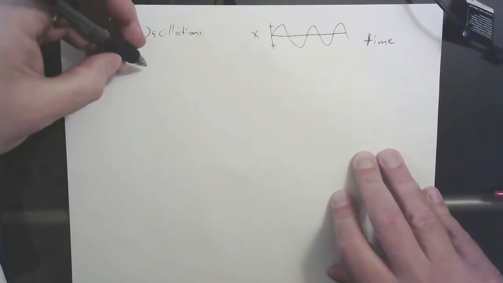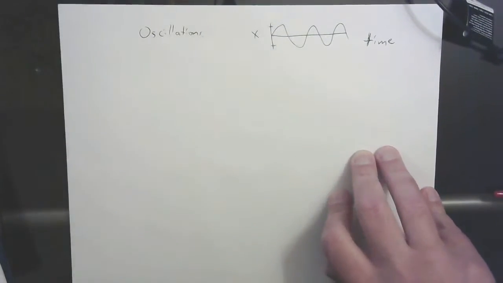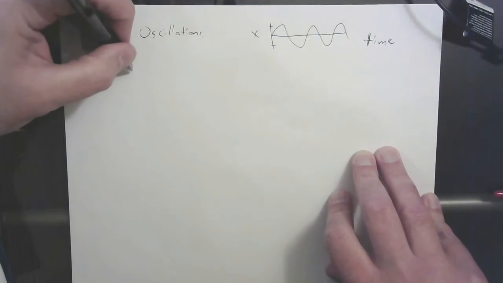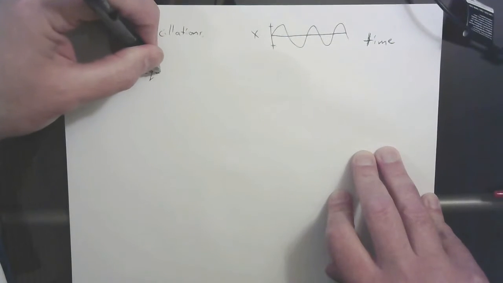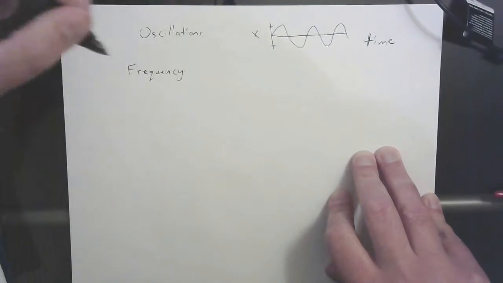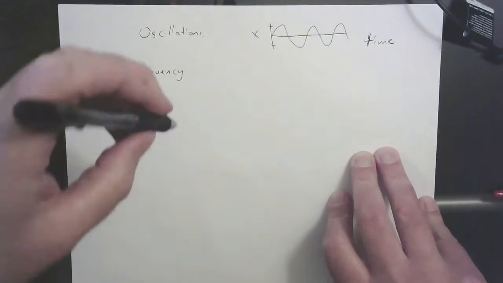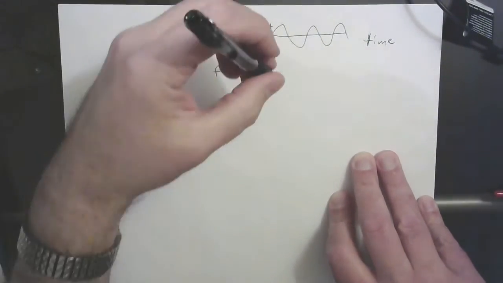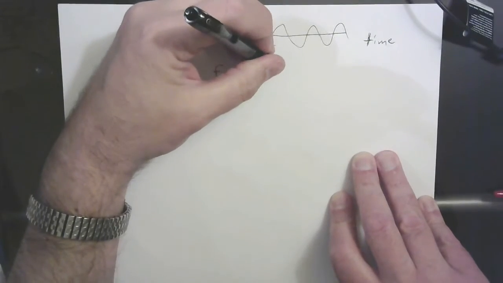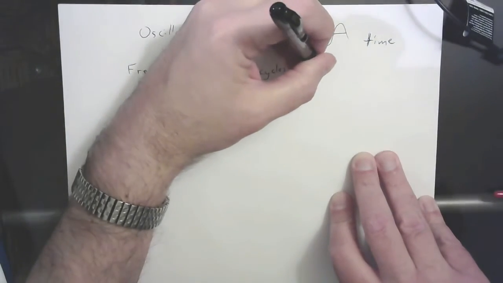So that's an oscillation. Now, what you can do with oscillations is think about how many oscillations happen in 1 second, and that's frequency. And we're going to use the symbol F, and the units are going to be cycles per second.